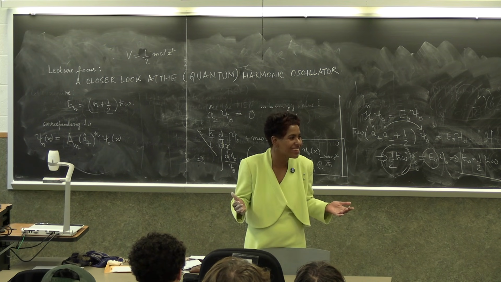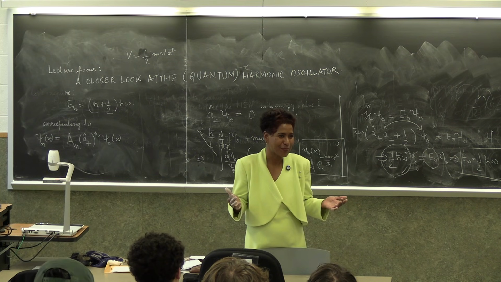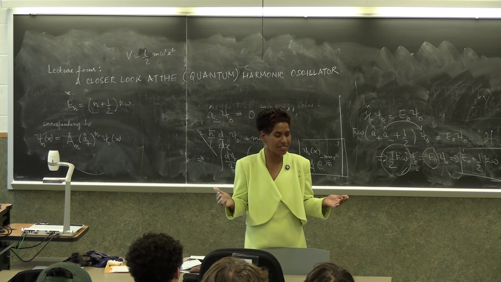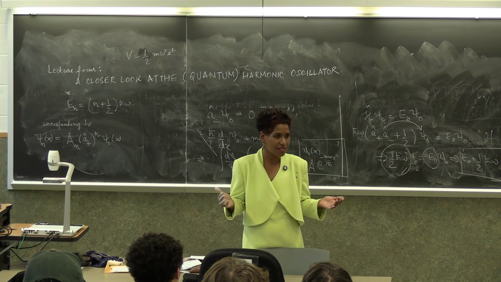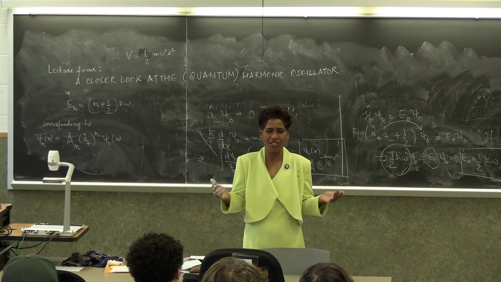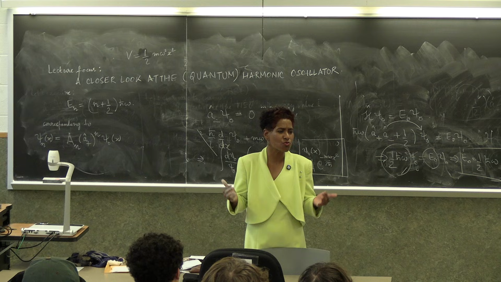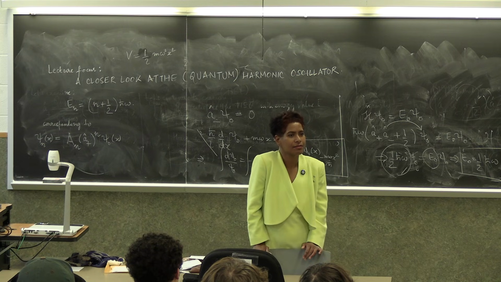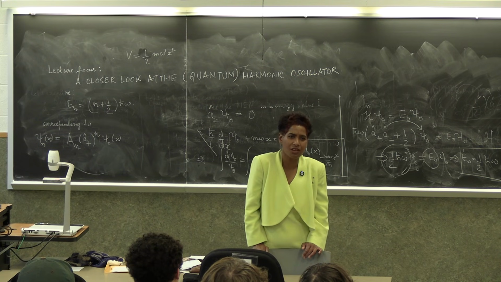What's oscillating? It was very clear in the classical case what was oscillating. Where are the oscillations? Energy is quantized. Well, that's why it's quantum mechanics. What does that mean? What does it mean that the ground state has this non-zero energy half h bar omega?